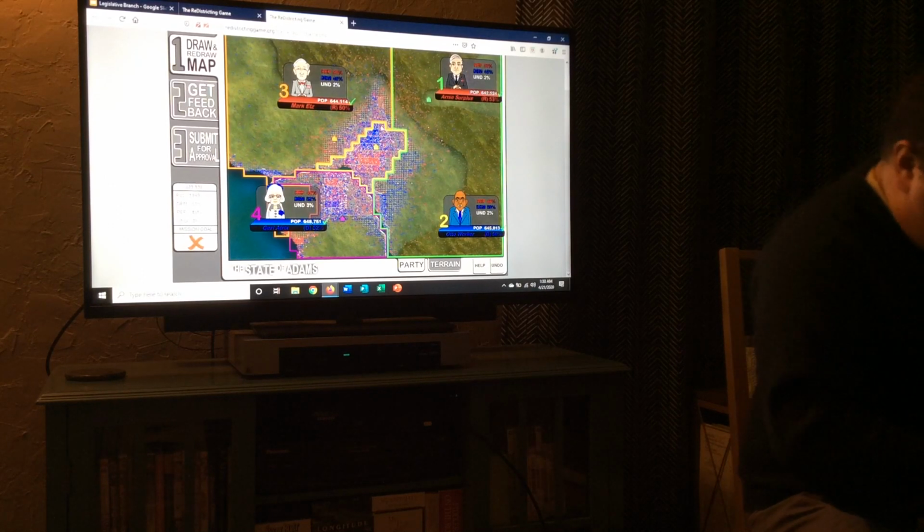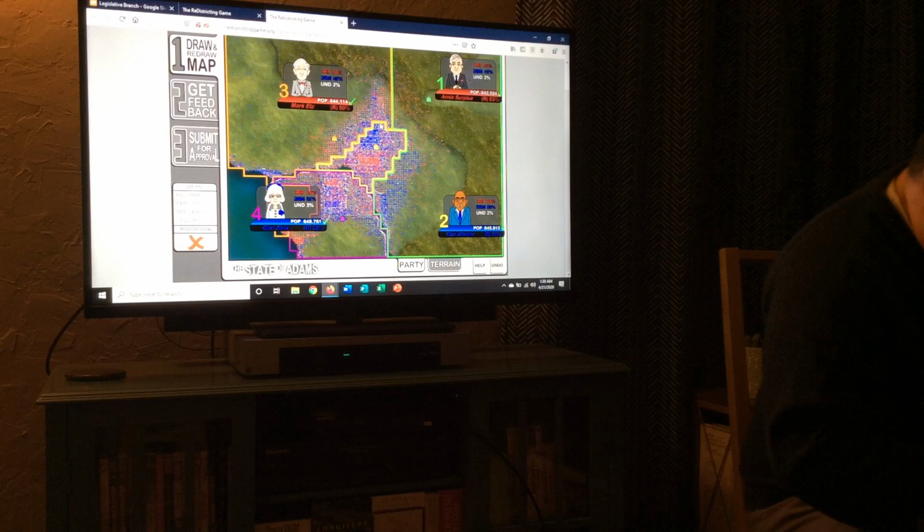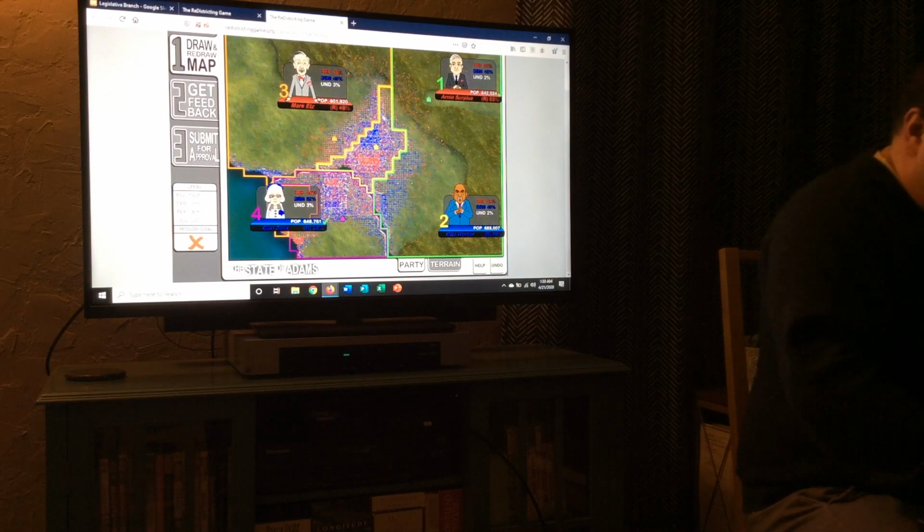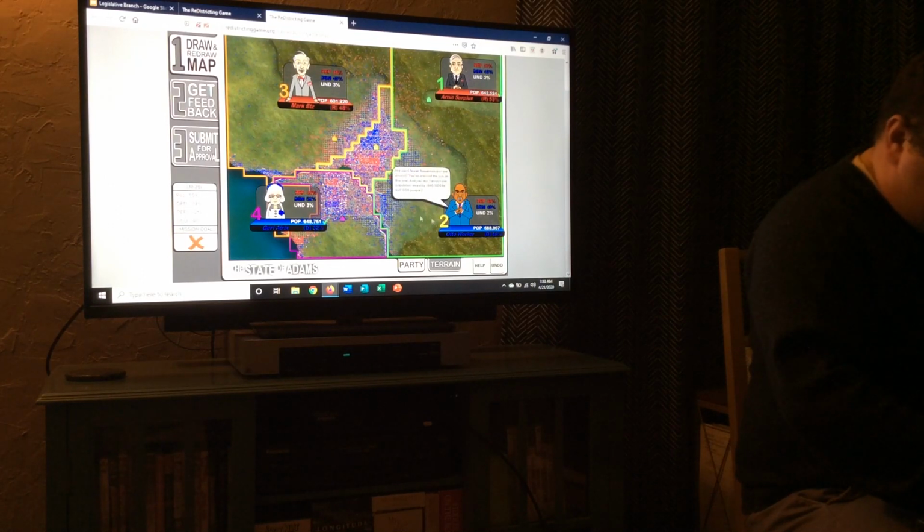And so you just kind of fiddle around with it to see if you can change the balance. If I draw this up this way, I can extend District 4, and now District 4 is a toss-up. It's 49% and 49%, but of course by changing, I've added more people into its population.